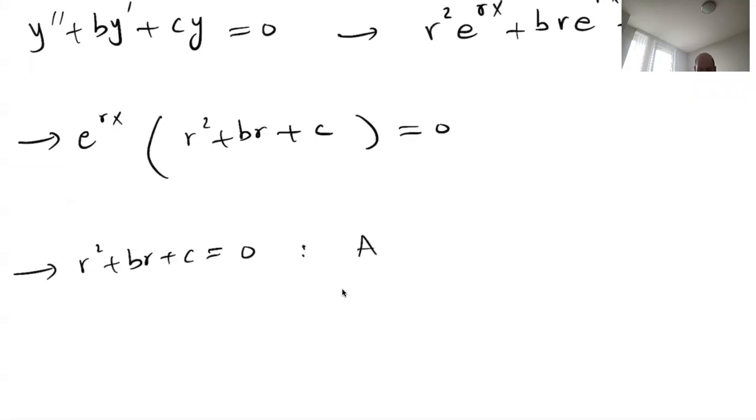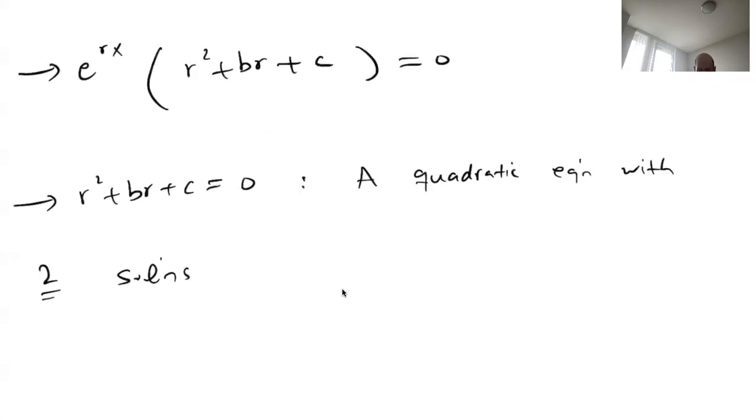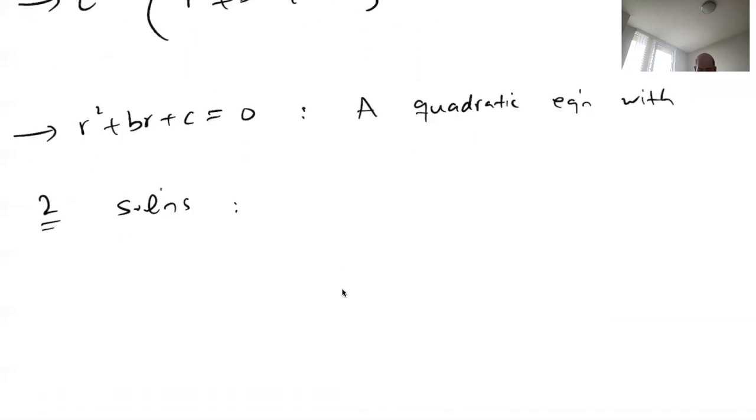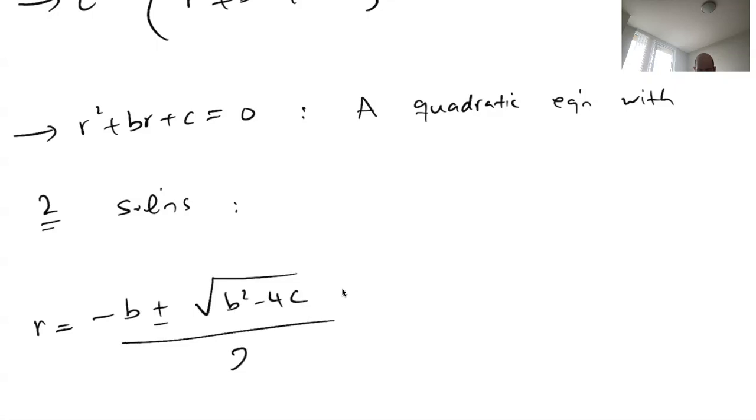So it's a quadratic equation with two solutions. What are the two solutions? R equals minus b plus or minus root b squared minus 4c, divided by 2.